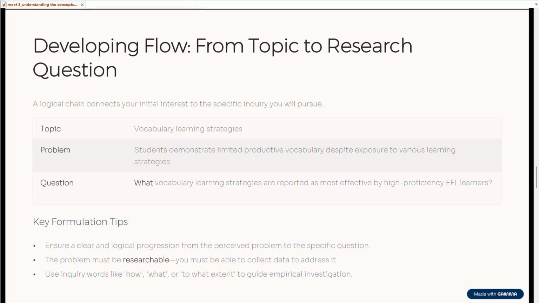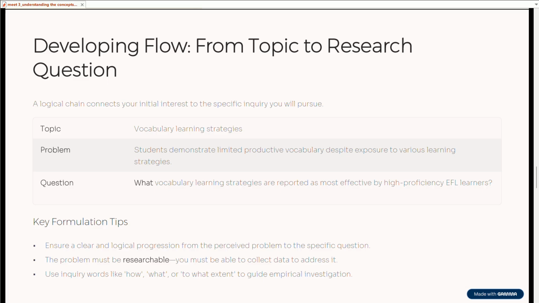Well, the topic here is vocabulary learning strategies, which is very broad, and then we know, based on experience or maybe based on what you read, you find the problem that students demonstrate limited productive vocabulary despite exposure to various learning strategies.